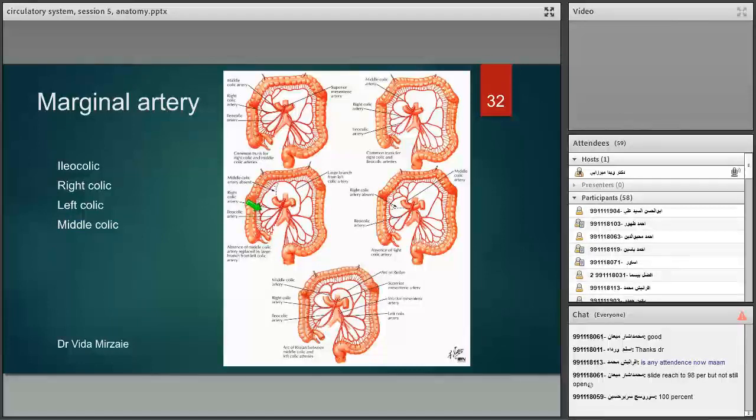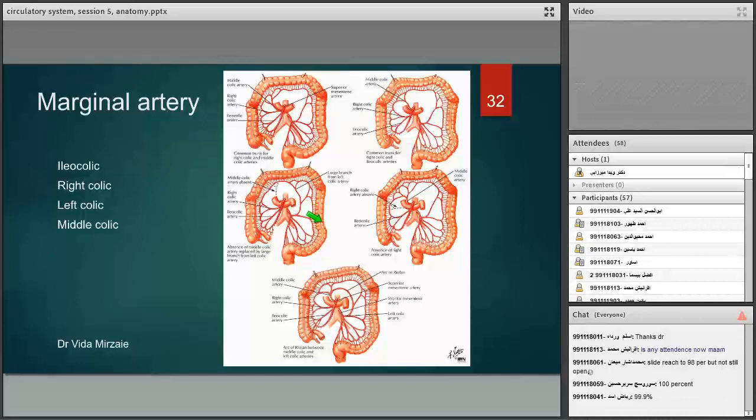These arteries are anastomosing with each other and forming a circle around the colon. And if one of them is, for example, being closed or something happens, the other will supply the blood for the colon.